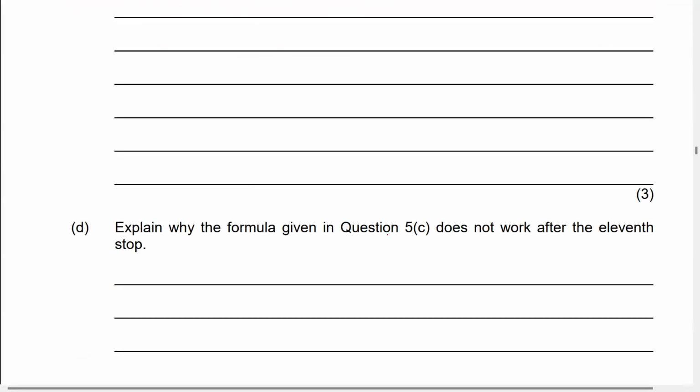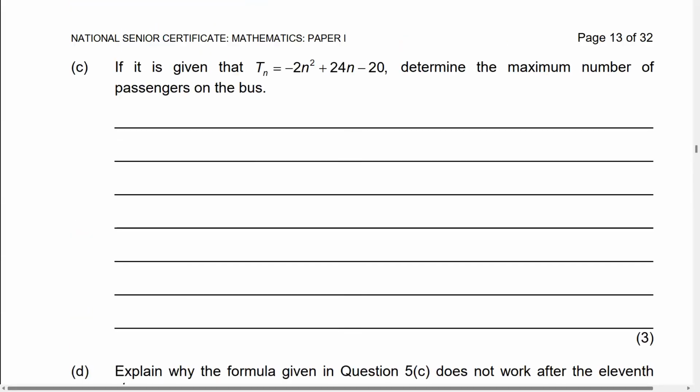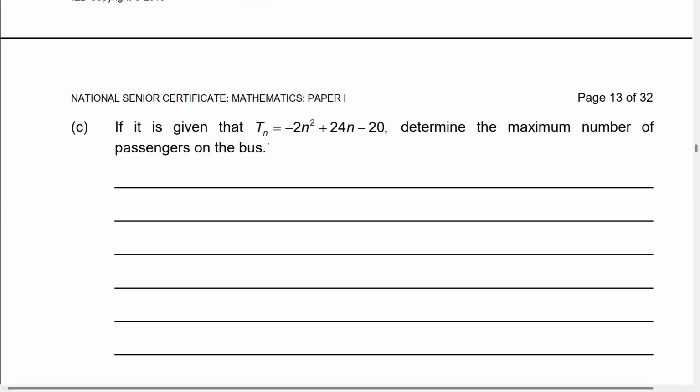Okay, explain why the formula given in 5C, this one, does not work after the 11th stop. If it is given that Tn is this, determine the maximum number of passengers on the bus. It's a creative question from the examiner.